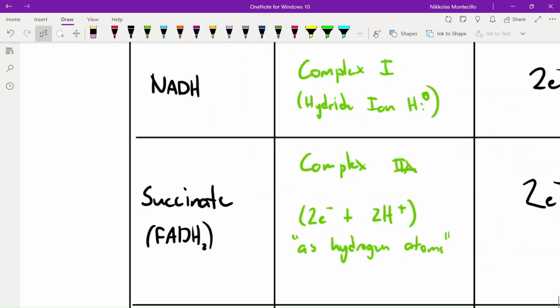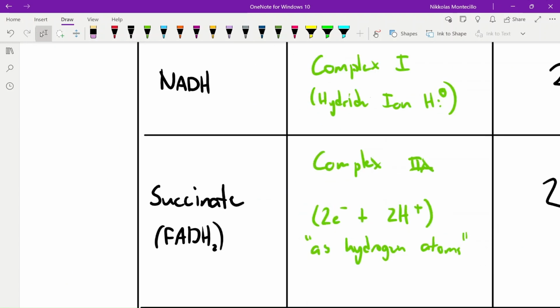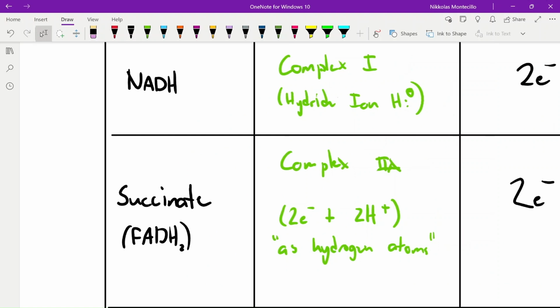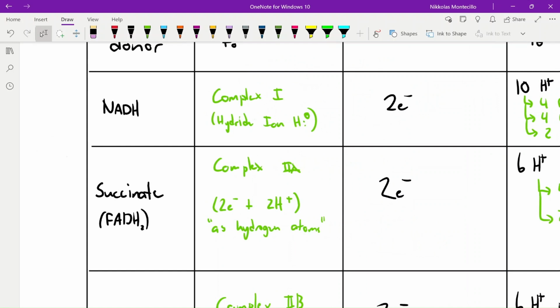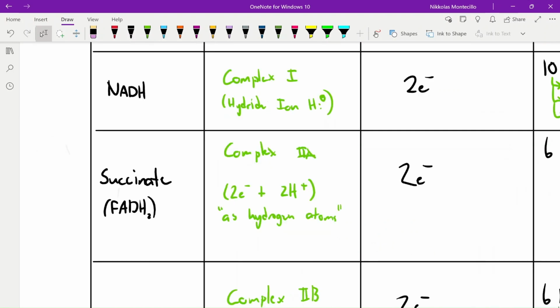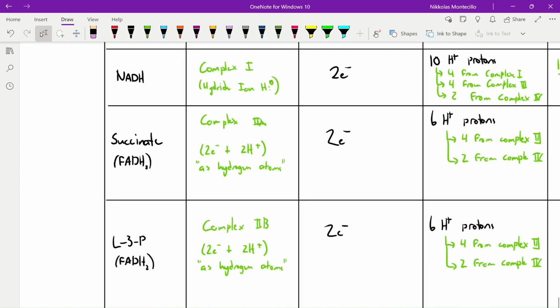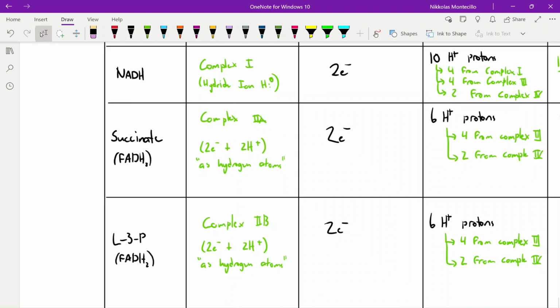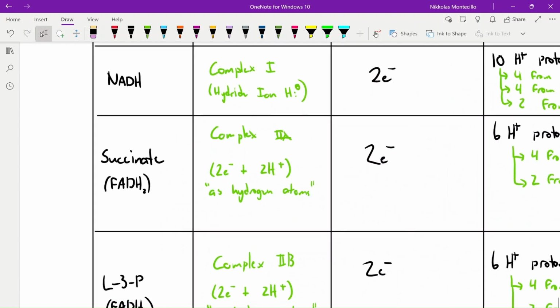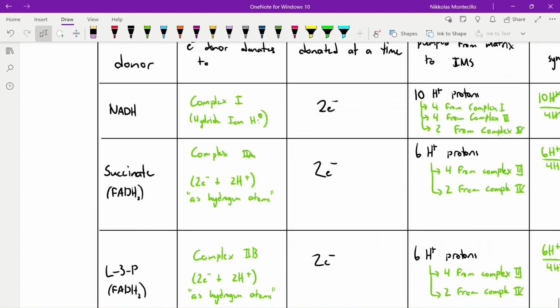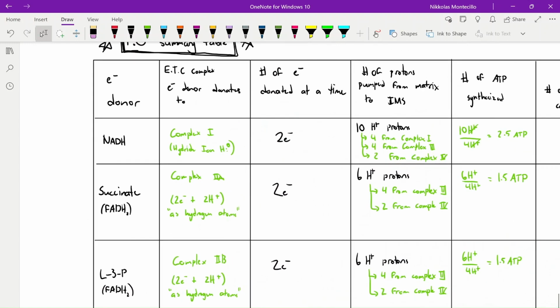Now succinate, or FADH2. Remember how I said that FADH2 primarily represents the electrons being passed from complex 2. So there are 2 different P/O ratios for FAD.